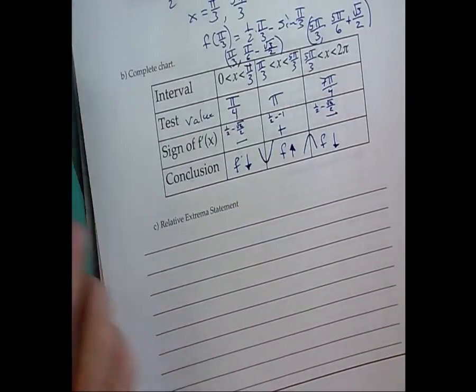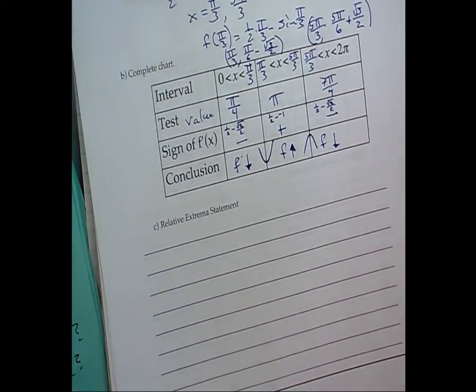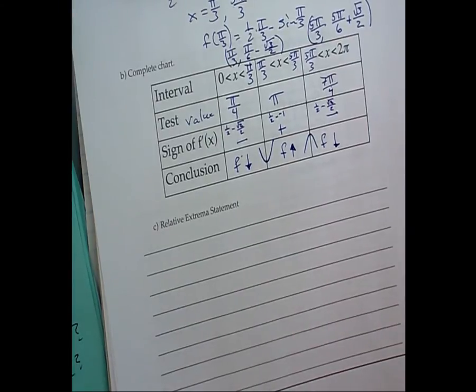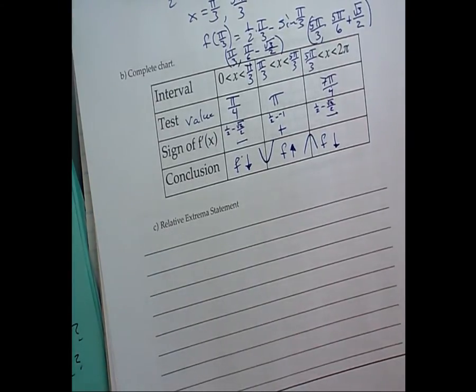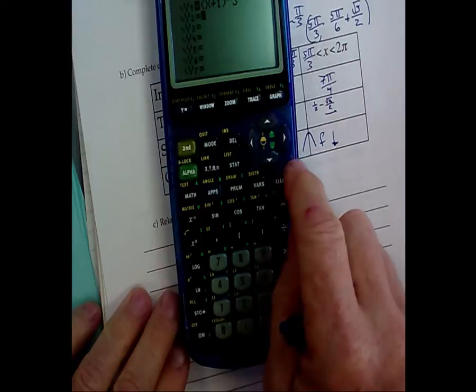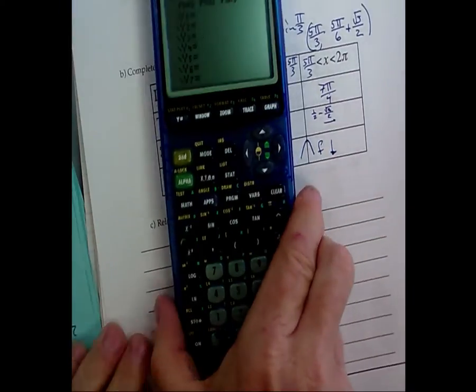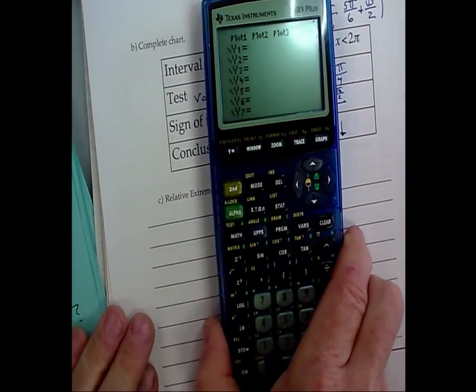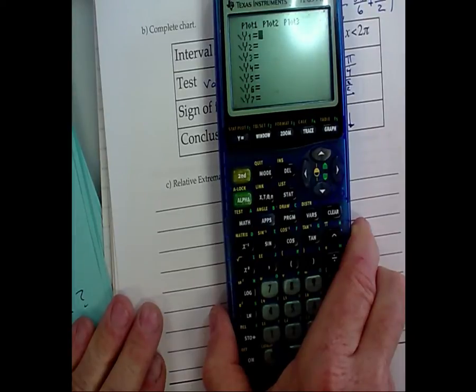If you do it on a TI, it's a little bit more work. If you got an old TI, it doesn't work as fast. Can you see this at all? You can see that a little bit, right? Okay.